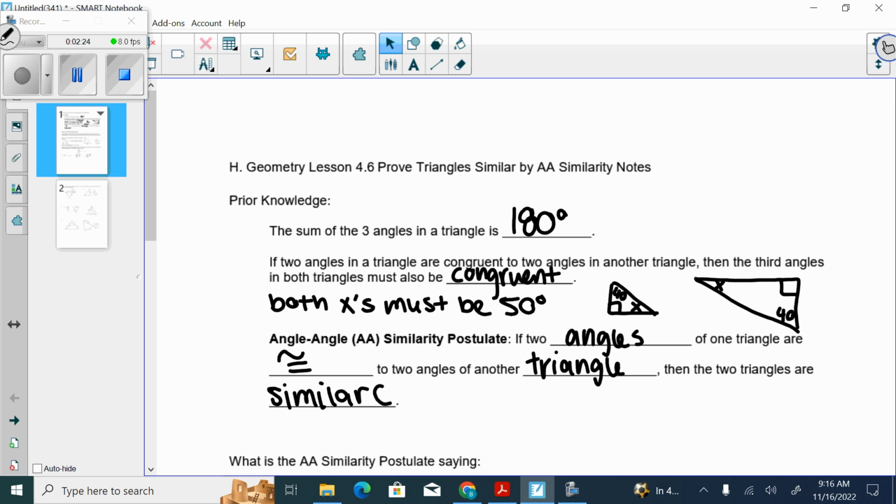And remember, similar is this symbol right here. It's basically the same as the congruent symbol, just without the equal sign underneath it.